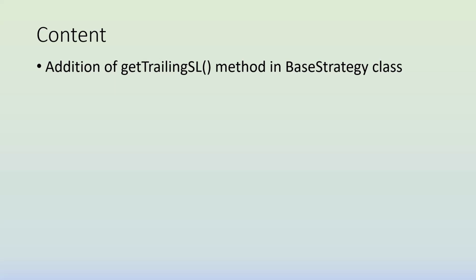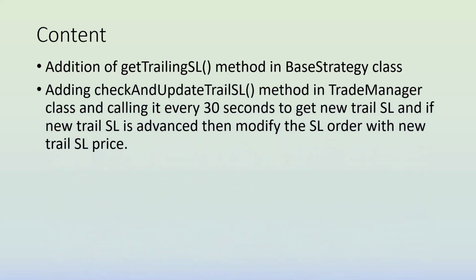Any strategy deriving from the base strategy can implement the get trailing SL method if trailing SL is applicable for that strategy. If it is not applicable, you do not need to override this function inside your derived strategy class.